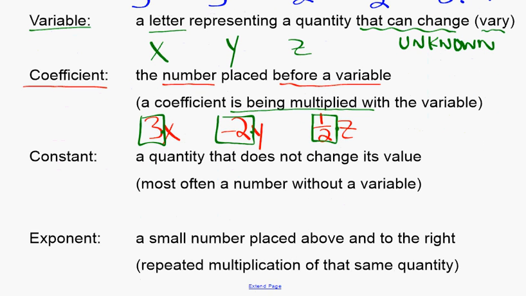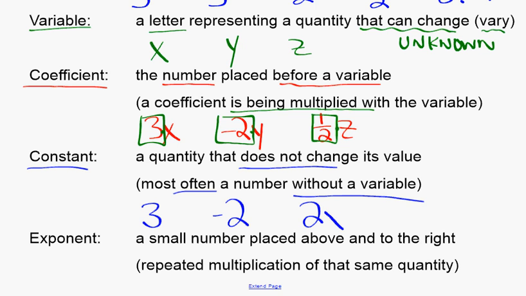Now, a constant is more specific: it's a number that does not change, and that's when it does not have a variable. So 3 would be considered constant because it's always going to be 3. Negative 2 is a constant because it's always going to be negative 2. Now, it's often without a variable because you could have, say, 2 times x to the 0 power.